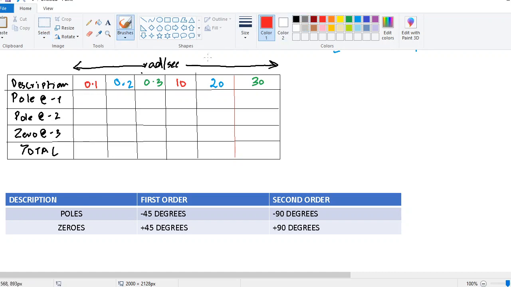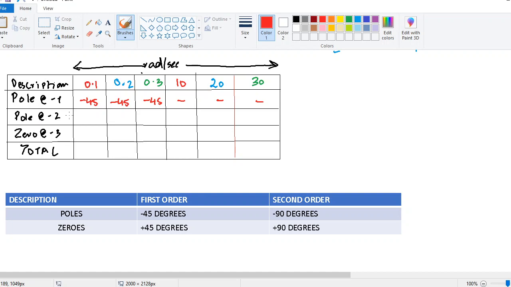So let's indicate in red. It will be -45, -45, -45, and when it reaches 10, it is then ending. At 10 radians per second, it's ending. So there's nothing there, right?